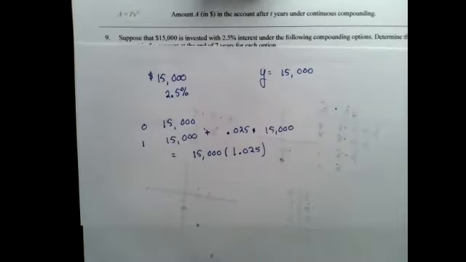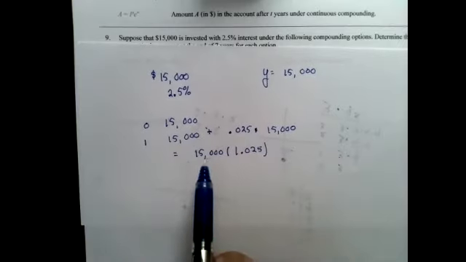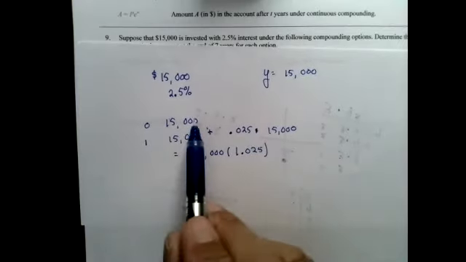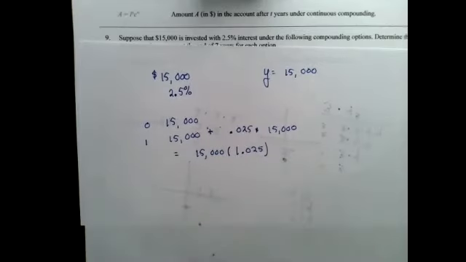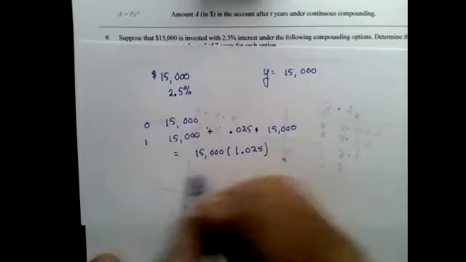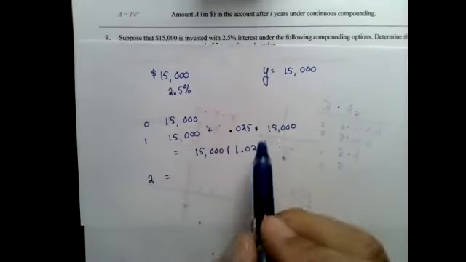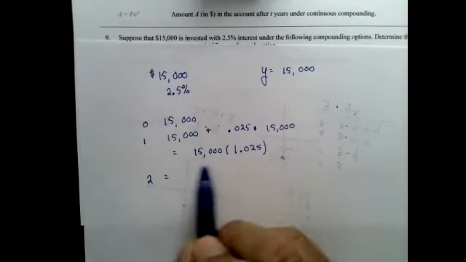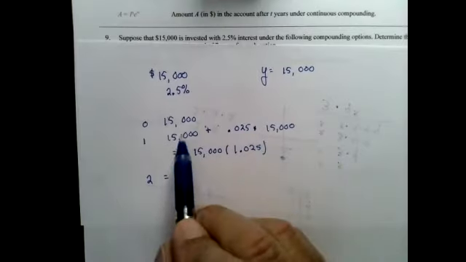Are you with me? So here was the first year. It improved from the initial value to this amount at the end of the first year. I could do the work on that if I wanted, but my second year is going to take this amount right here and do the same thing I just did up here.